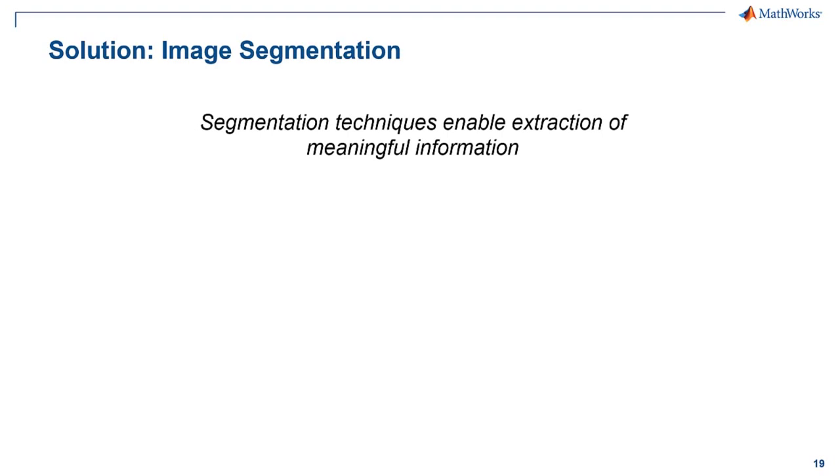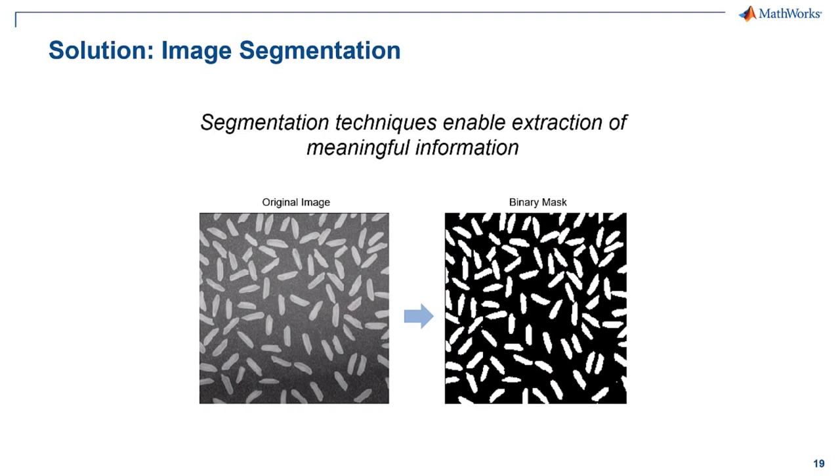This is called masking. For example, a binary mask would involve assigning all the pixels in an image either a black or a white value. This way, we can separate out the rice grains in the foreground from the background. Now you can analyze this binary image further to, for instance, count the number of grains in the image.